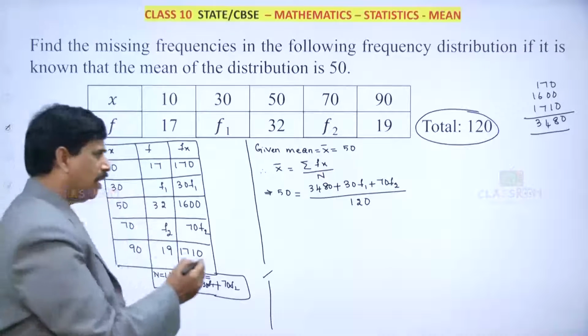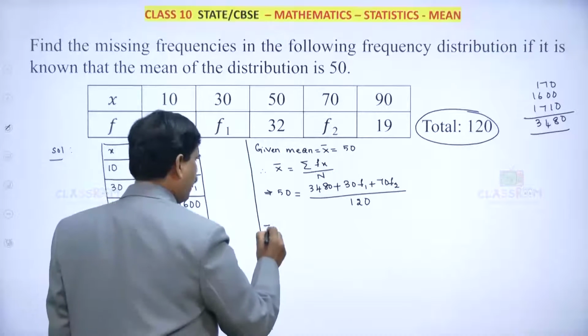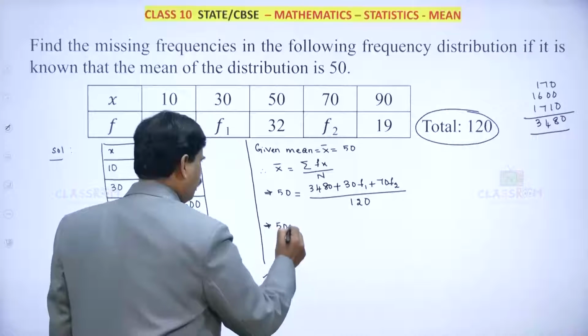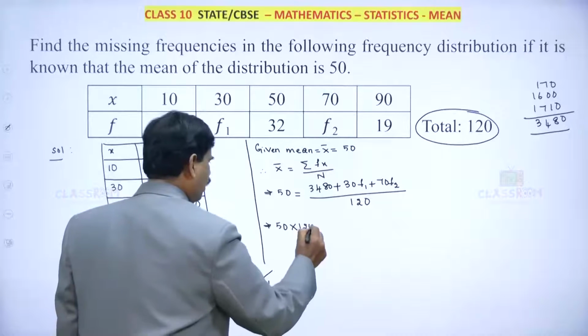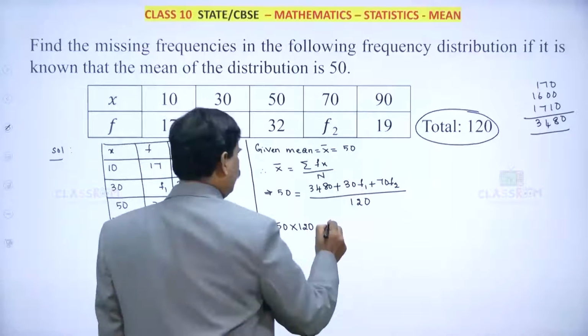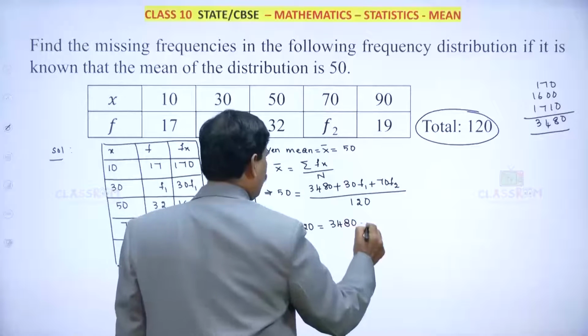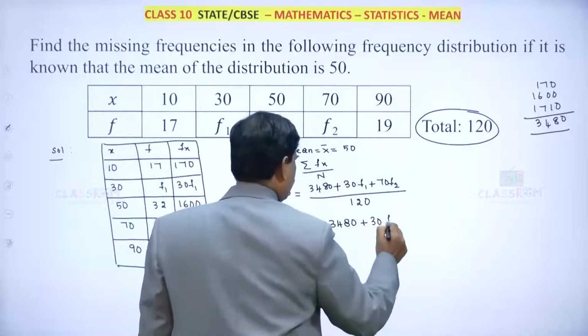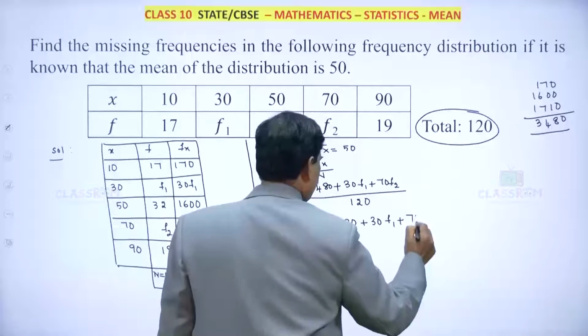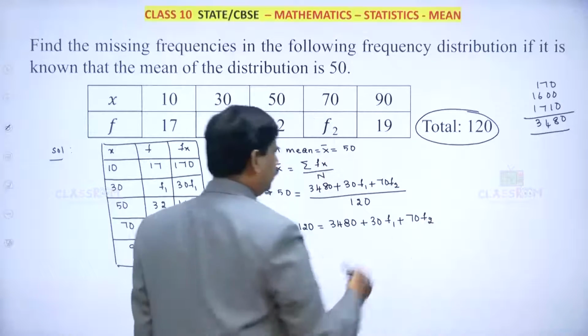Now get that 120 this side, children. So it will be 50 into 120, which is equal to 3480 plus 30 f1 plus 70 f2.